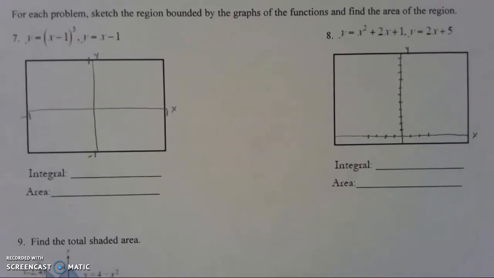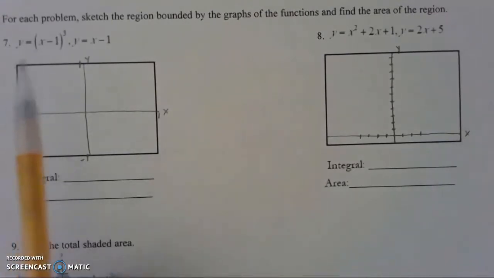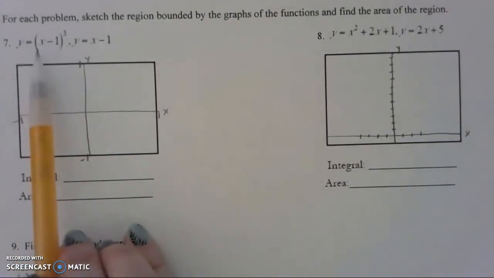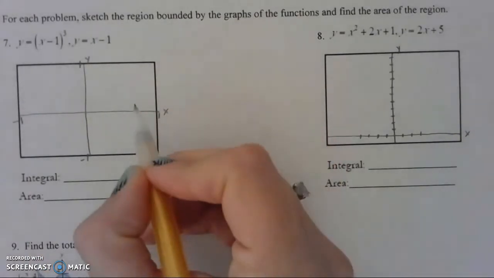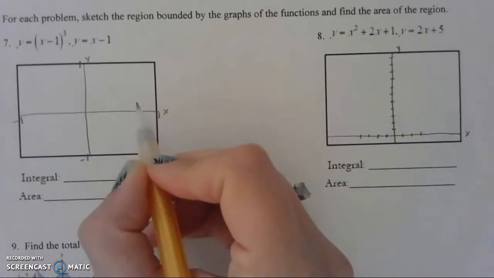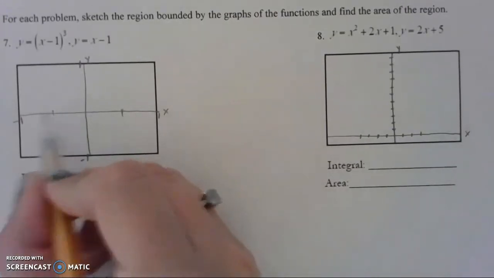Okay, when we put these functions into our calculator, we're going to get where they graph. So all I would do is put this into y1 in your calculator and graph it. When we graph this function, it is a cubic function. Sorry, the 1 should be here. These should be 2's.